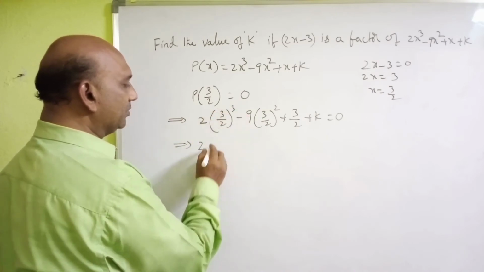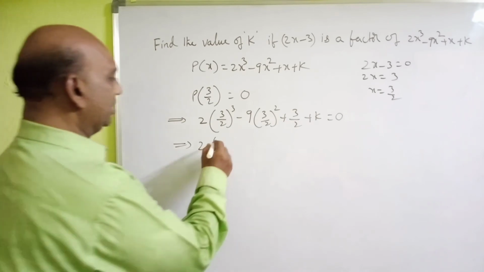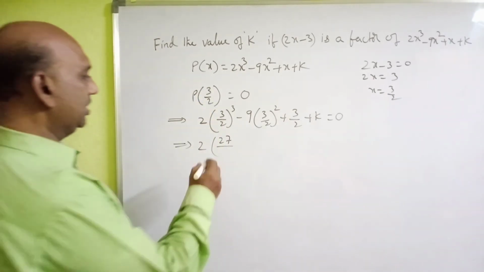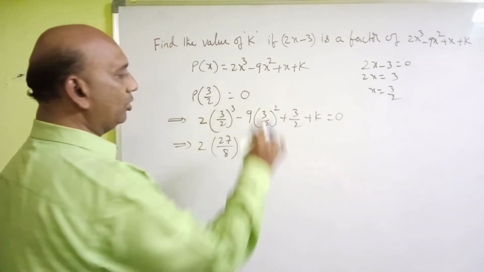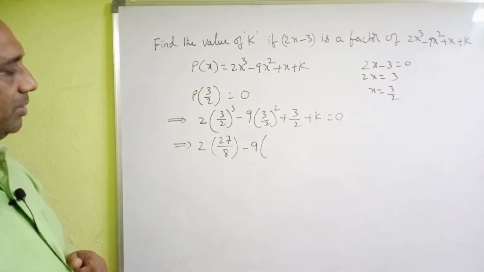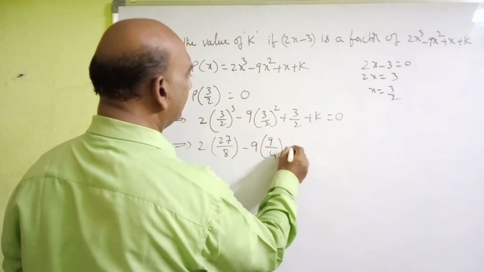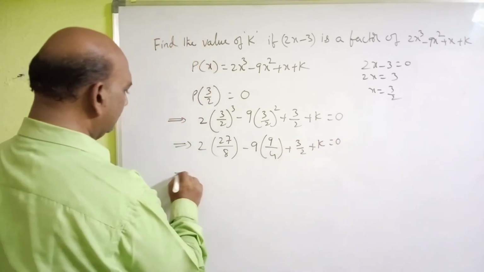So 3 cube means 3 into 3 into 3, that is 27, by 2 cube means 2 into 2 into 2, that is 8, minus 9 of 3 by 2 whole square. 3 by 2 whole square means 3 square is 9 by 2 square is 4, plus 3 by 2 plus k equal to 0.